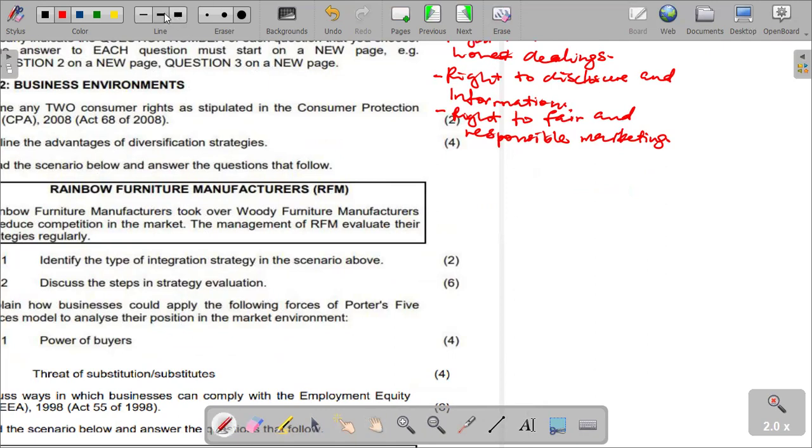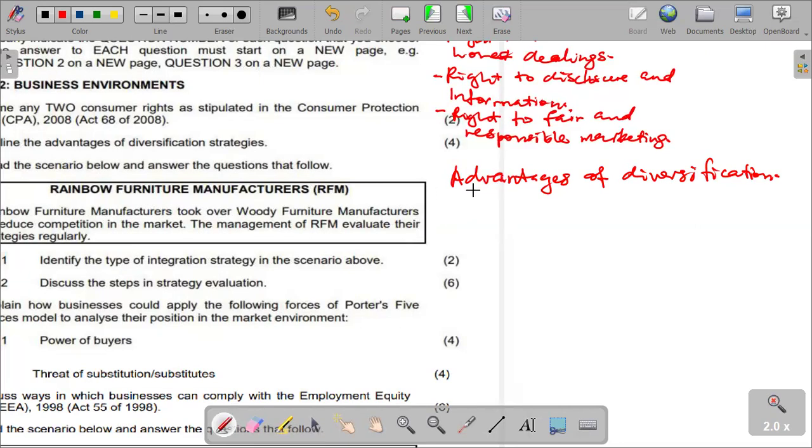When a business is diversifying, what advantages does it have for businesses?